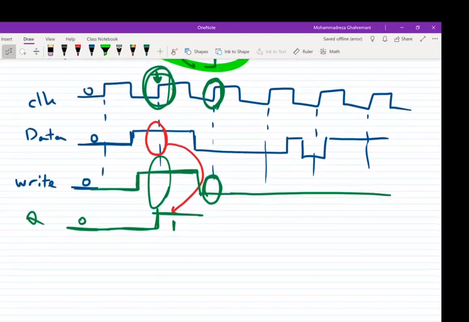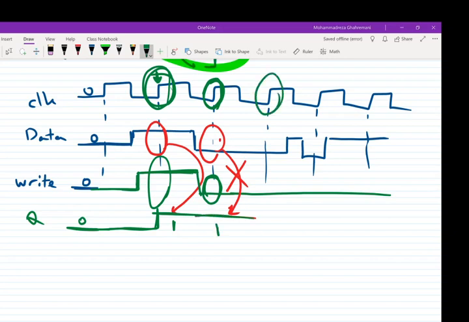As a result, this value of the data is not going to change the output. Why? Because the write signal is 0, and the clock signal entering the flip-flop is equal to 0. So the output will remain 1. The same thing in the next clock cycle, the output is 1, and so on. So the output is always 1.